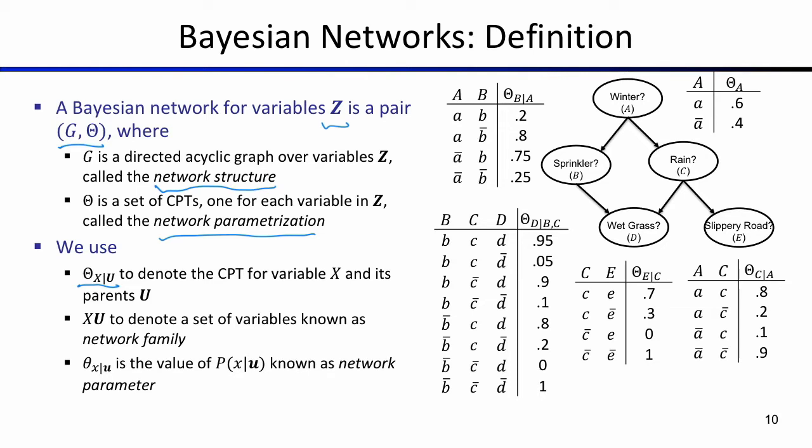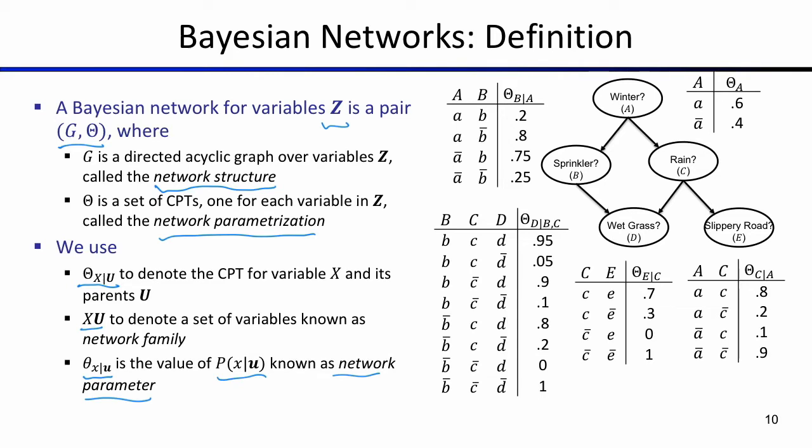We call the set of variables x and u a network family, so each node will have a CPT that involves the network family. And we call little theta, little x given little u, a network parameter, and that specifies the probability of x given u.